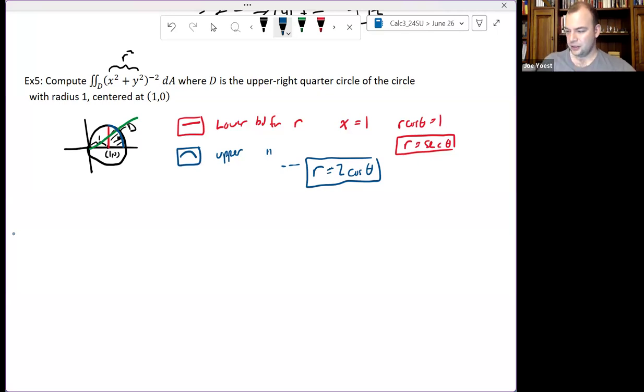And then what is theta going to range from? Well, of course, the lower bound for theta is when we're right along the x-axis, when theta is 0. And the upper bound is when we have our radial line just hitting that intersection of this x equals 1 line with the top half of the circle. And here I note that my horizontal distance is 1 unit.